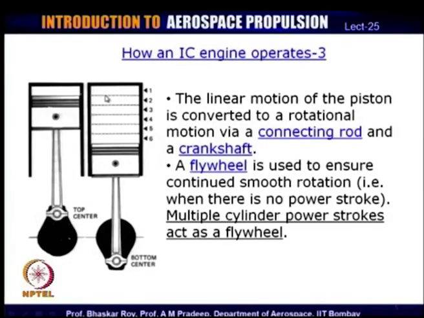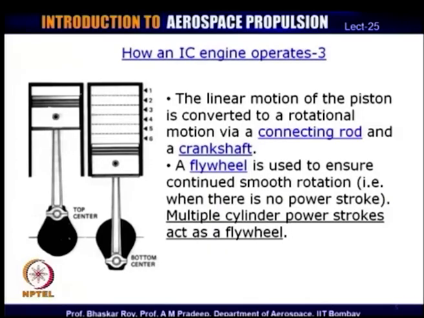The work is being done simply in the form of a linear motion, and this linear motion now needs to be converted to a rotary motion, and that is done through this crankshaft, as a result of which the crankshaft supplies power to the propeller in the case of an aircraft engine, and that is how the propeller rotates and creates thrust.